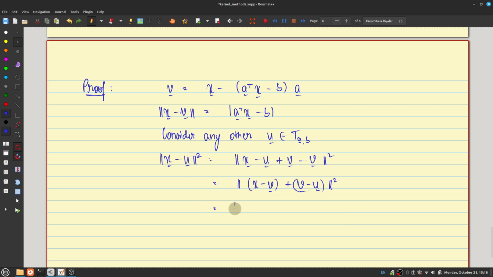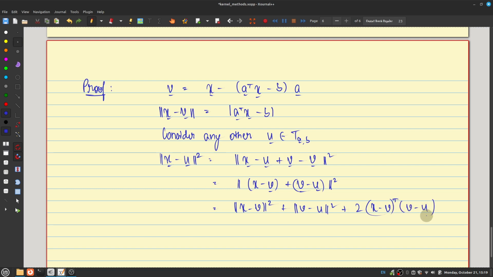This is just the norm of X minus V the whole square, plus the norm of V minus U squared, plus 2 times the inner product between X minus V and V minus U.